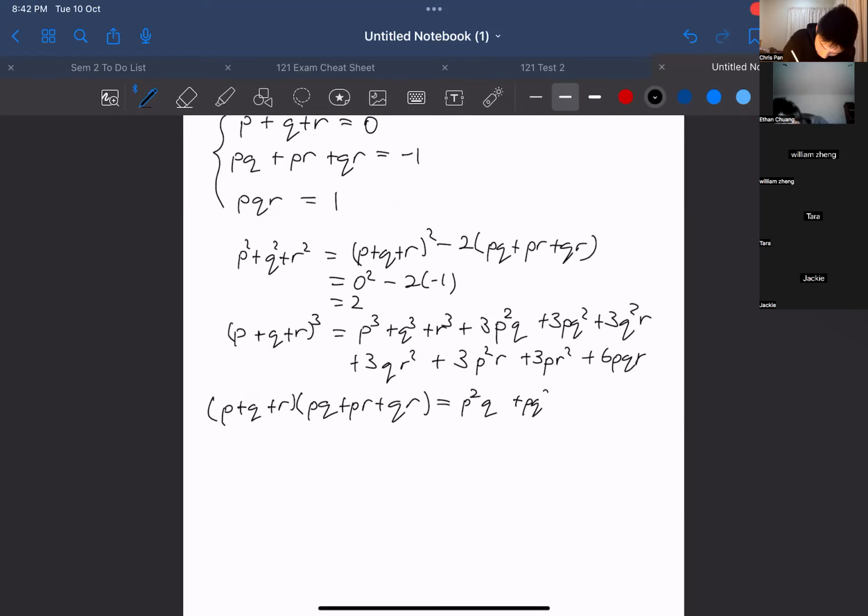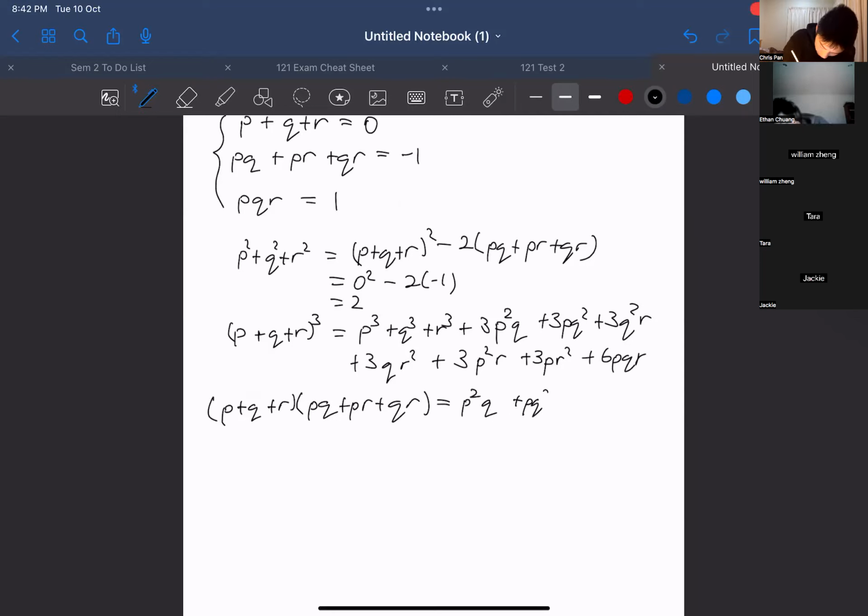So this annoying thing here, I'm just going to be lazy and call it capital A. So I can get rid of this and just write A plus 3pqr, because I don't want to write that out. And then this here is just 3A. Okay, that's much tidier now. Let's work out what A is.